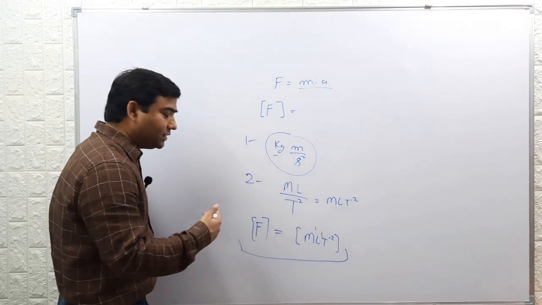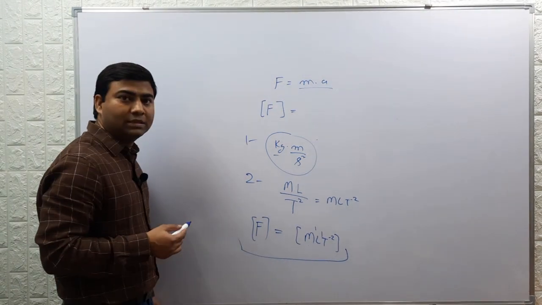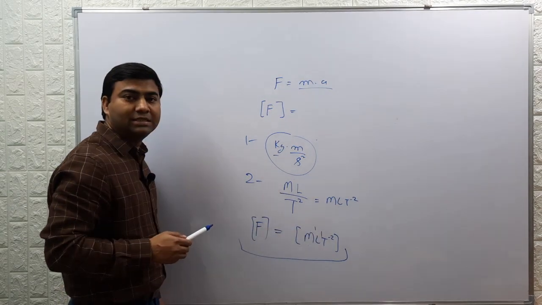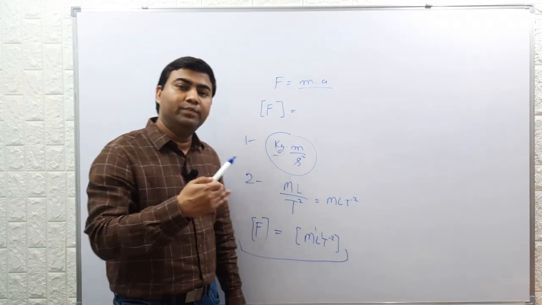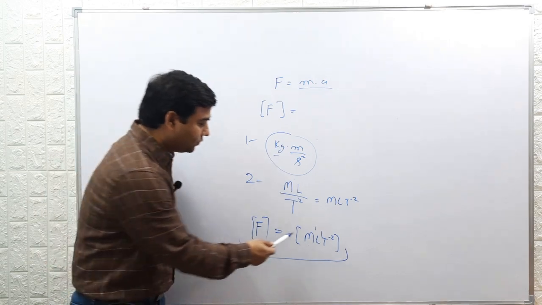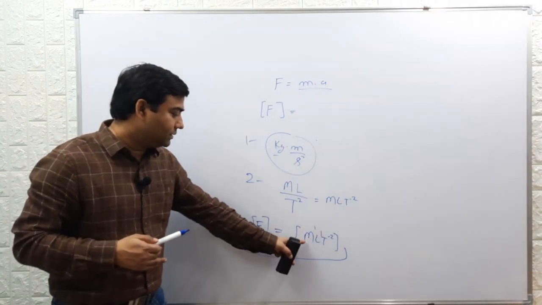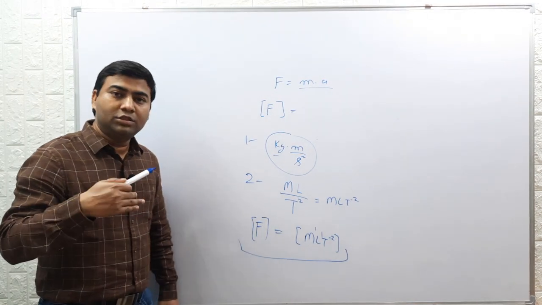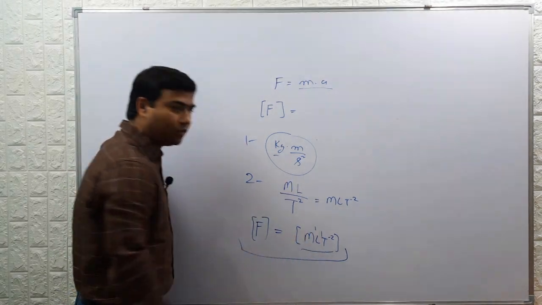So that is how dimensional formula is expressed in terms of symbolic representations, with their respective dimensions as the powers of symbols of base units. These powers are dimensions. 1, 1, minus 2, these are dimensions of force in mass, length and time. And M, L, T are just symbols. You can find the unit from the dimensional formula.